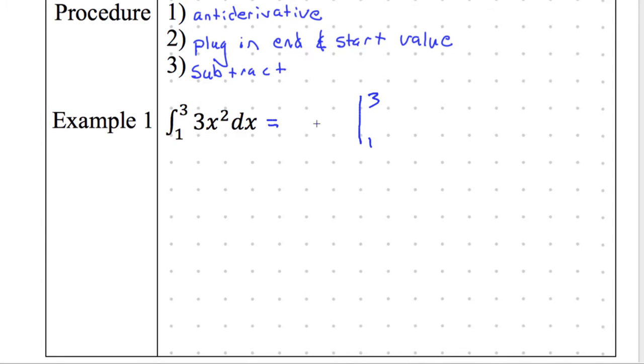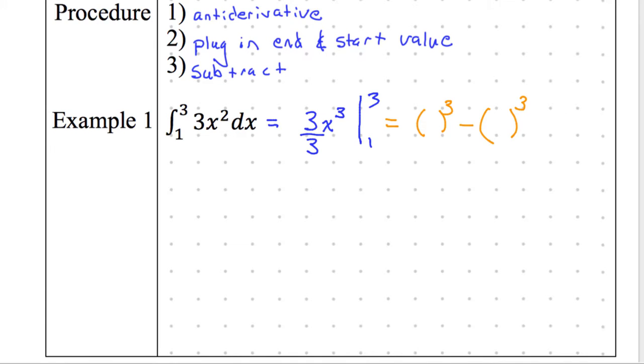All right, so you already found the antiderivative. It should be 3x to the power of 3 divided by 3, which is the same thing as x to the power of 3. Okay, well now I need to plug in the end and start value. Let's change colors here. So when I plug in the end and start value, I have x to the power of 3, and then I'm going to subtract the start value to the power of 3.